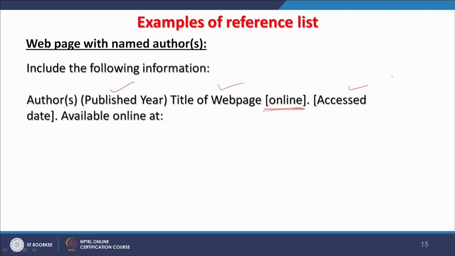Because today that page is accessible, tomorrow it might not be, they might have changed the address, IP address or other things. If somebody after 10 years tries to see the same link, it may not work. Therefore, to ensure that on the day you submitted a particular manuscript or project report that page was accessible, you must mention the access date and whatever is available, and then http or https colon slash slash, and the entire address should be made available to the readers.